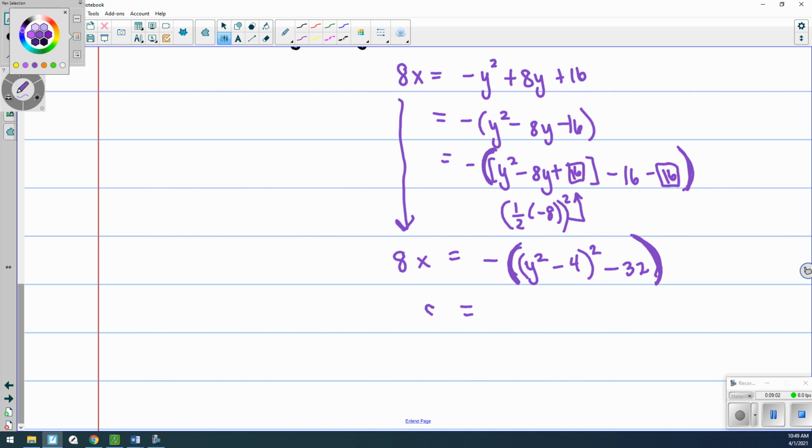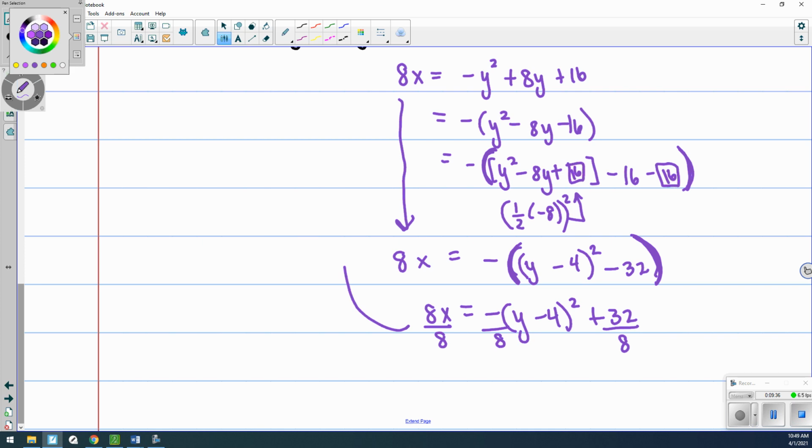Okay, 8x is equal to negative, how about y minus 4, quantity squared, and then distribute in the negative, and you are going to have yourself a positive 32. Okay, what am I going to do with this 8? I know what I'm going to do with the 8. I'm going to divide everything by 8.